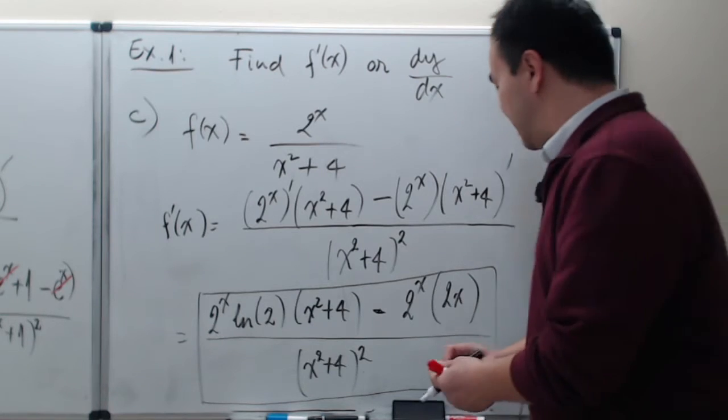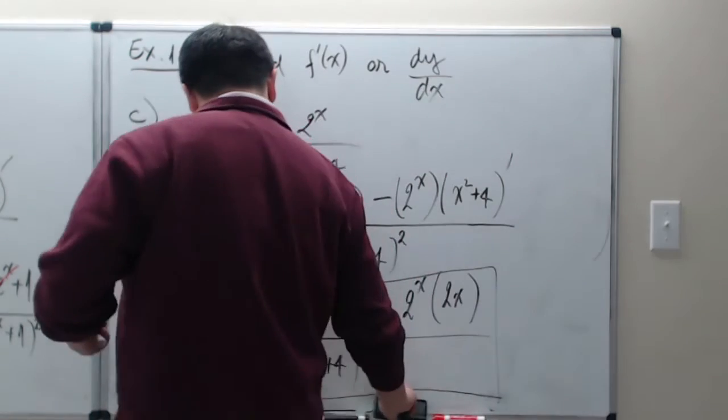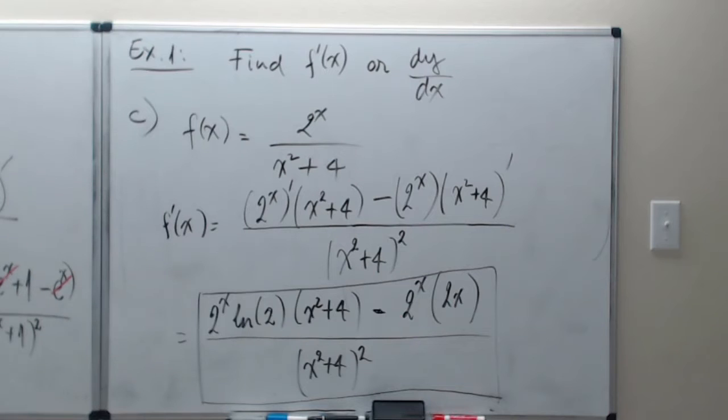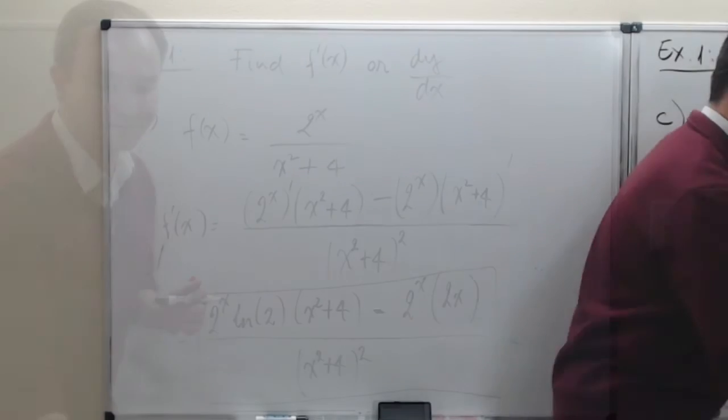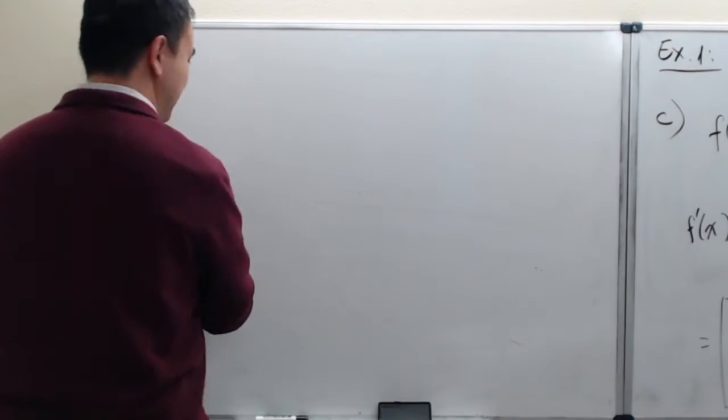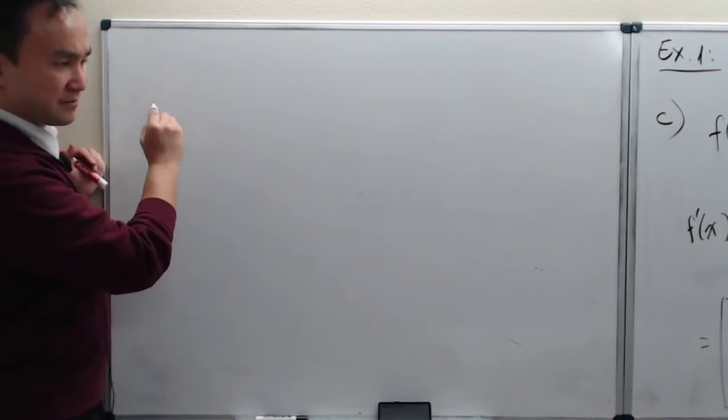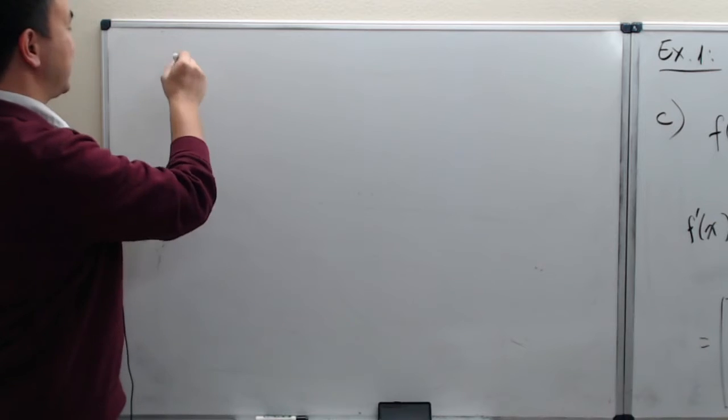But in case your instructor is looking for your simplified answer, the next thing we can do: there was a common factor 2 to the x here.